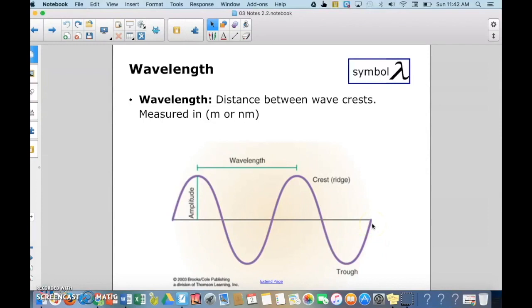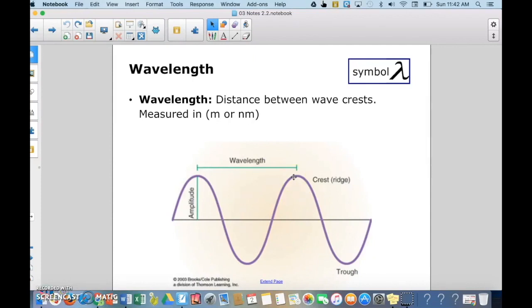There are very important characteristics of waves that we need to know how to measure. One of those is the wavelength, which is the length of a wave. It is the distance between the crest and the crest of a wave, between one point of one wave to the same exact point of the next wave. That is the wavelength.